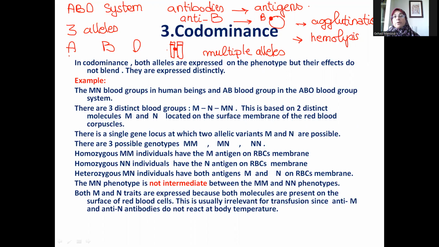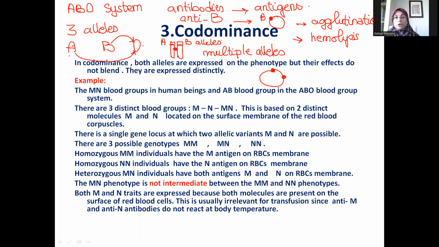The second problem is that we know that A is dominant over O and B is dominant over O. O is recessive to both, as we said before, and that will be repeated later on. But when it comes to AB, suppose your genotype is AB. Those are genes, those are alleles.